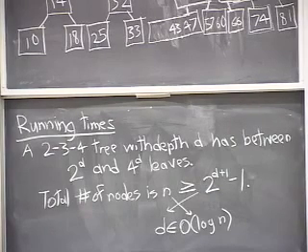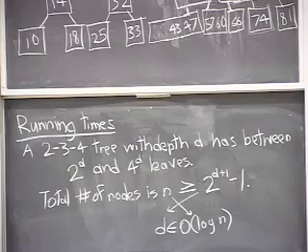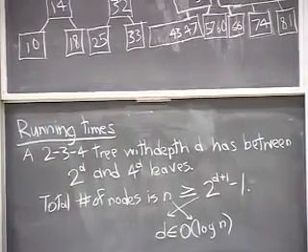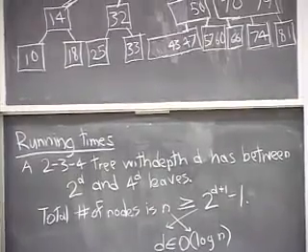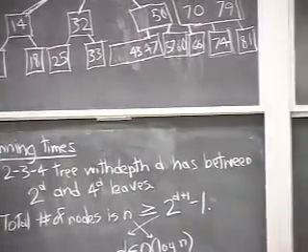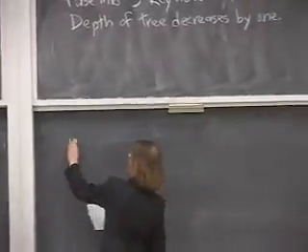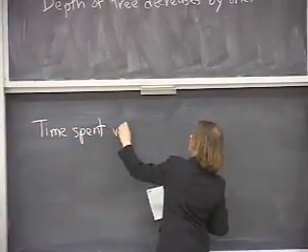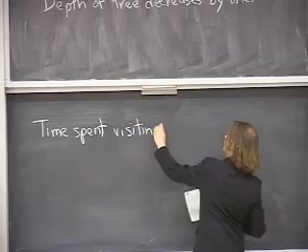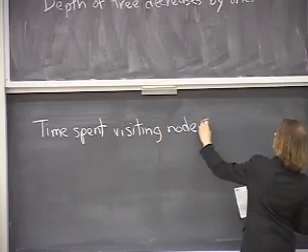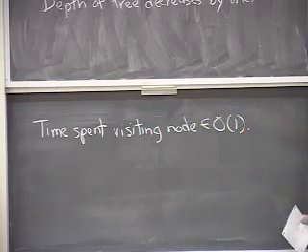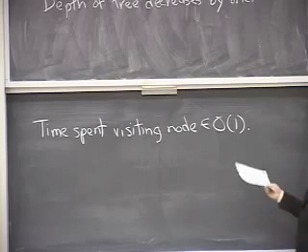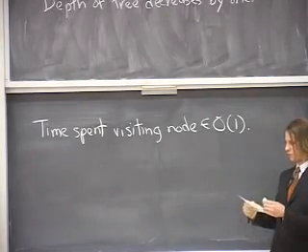And, well, these operations that we do when we visit a node, these fusion and rotation and kick upstairs operations, are complicated, but they're not so complicated that they don't take constant time. Every time we visit a node, it only takes constant time to do whatever operation we have to do on that node and then move on.